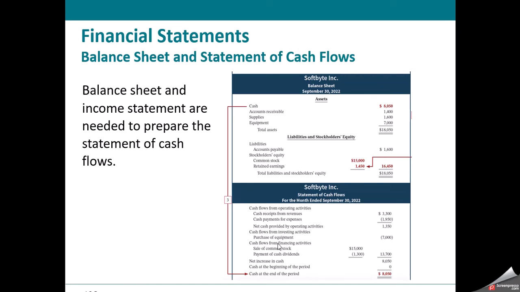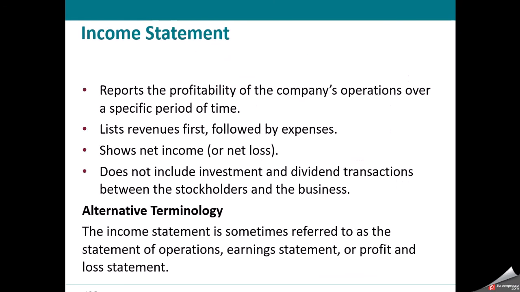They have their cash flow of investing. What are they putting money back into the company in? So they purchase some equipment. And then from financing, so if they got a loan, that would be in the financing, but in this case all they did was sell common stock and pay those dividends. So it's just kind of break the use of cash down into those 3 categories: operating, investing, and financing.